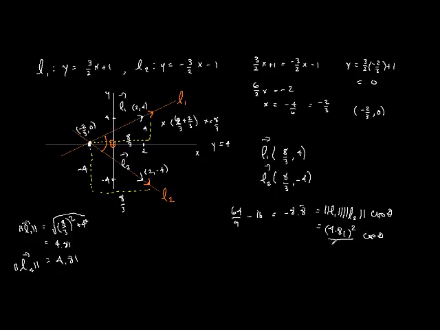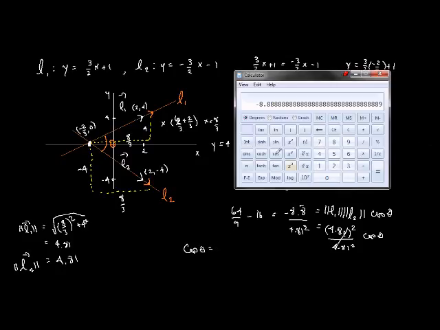Dividing both sides by 4.81 squared, this cancels, and I'm left with cosine of theta equals, let's pull out the calculator, negative 8.8 divided by 4.81 squared, which gives me negative 0.384.